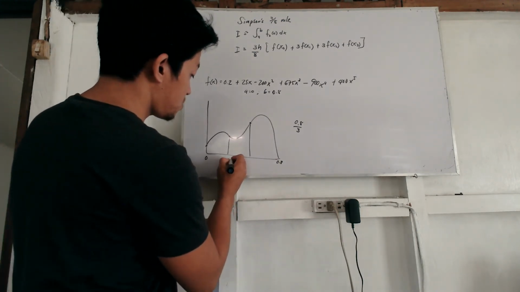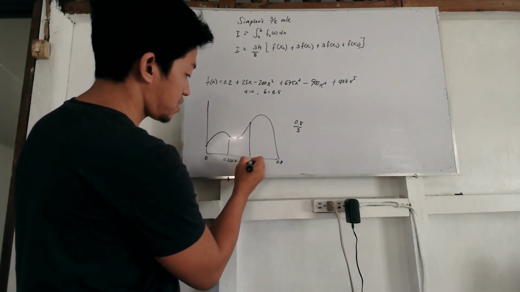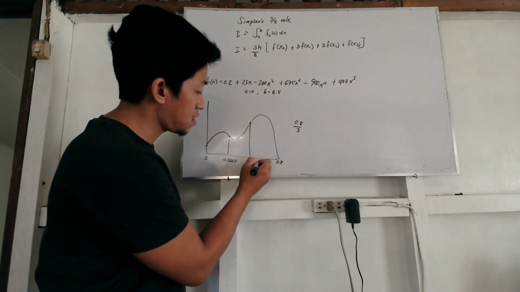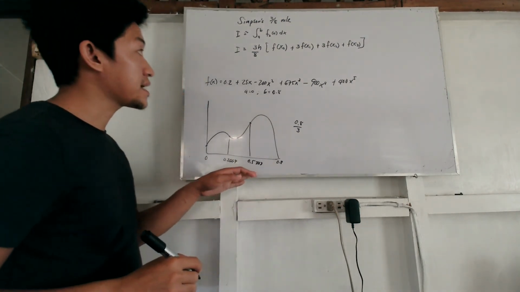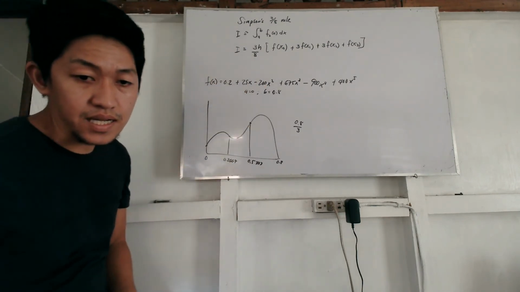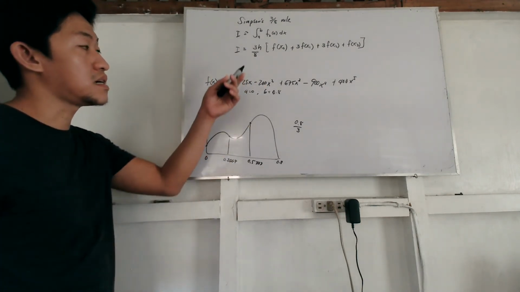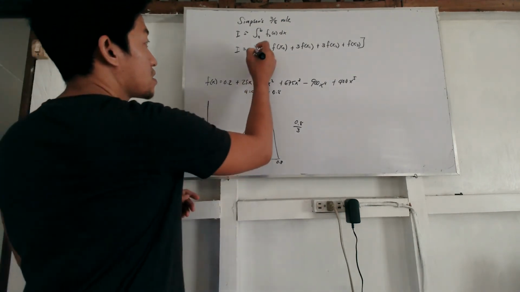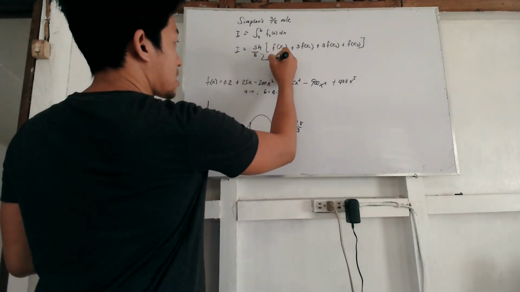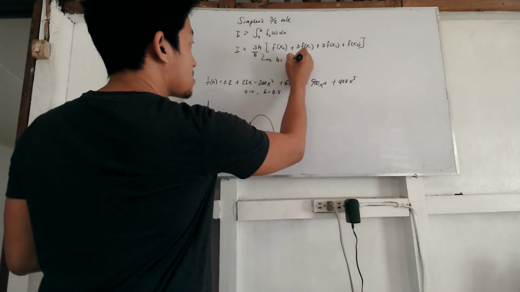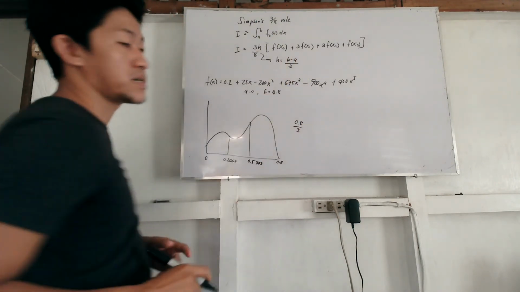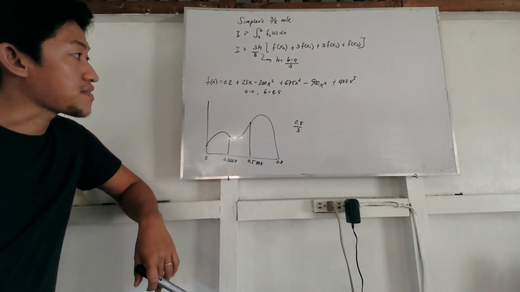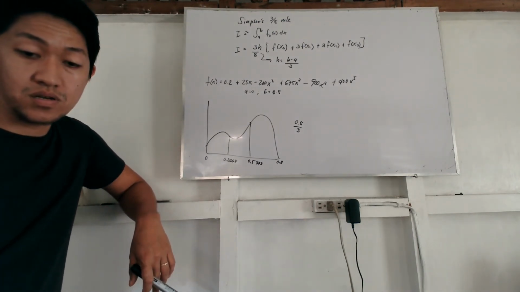Okay, so 0.2667, and so on. By the way, for this h, since we divide it into 3, h is b minus a over 3. So that is the difference from the 1/3 rule.